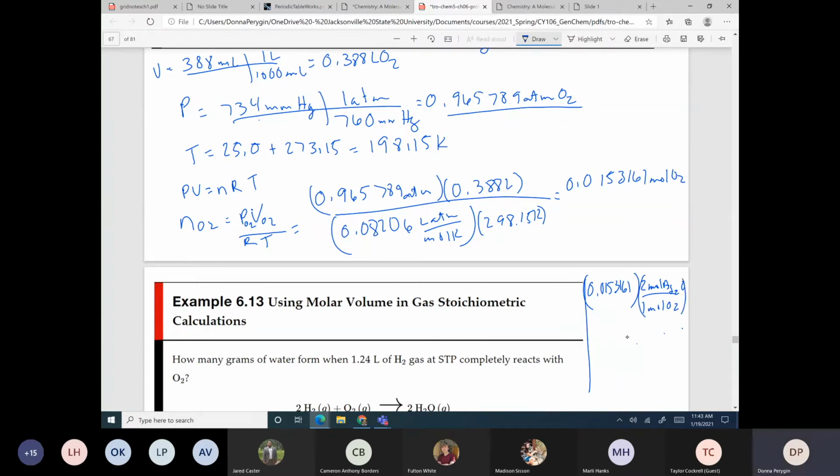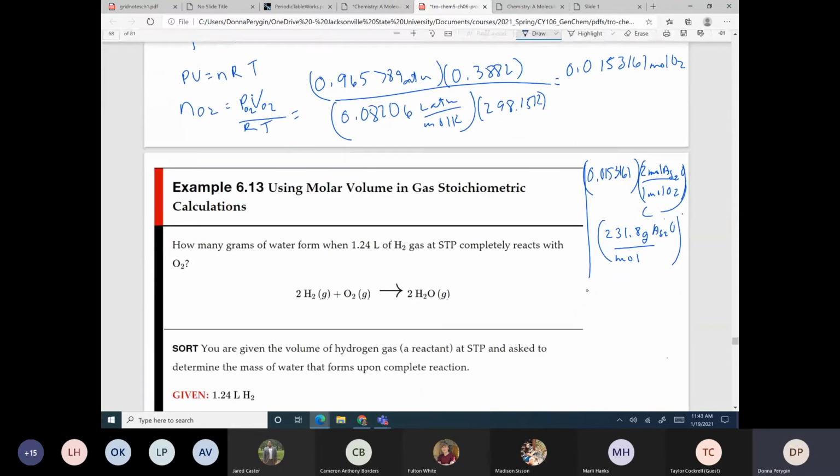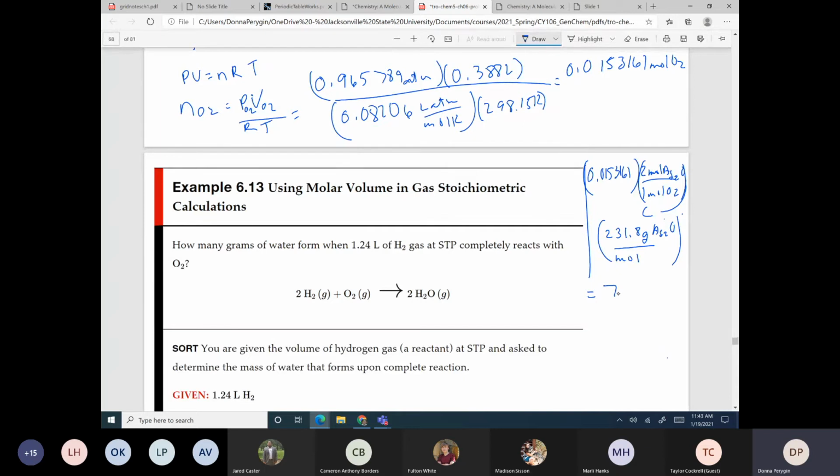And then I'm going to multiply that times 231.8 grams of Ag2O per mole. Hopefully you can see that. I ran out of room, sorry. That is equal to 7.10 grams of Ag2O.